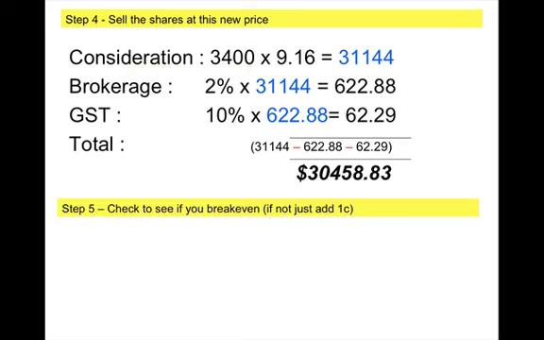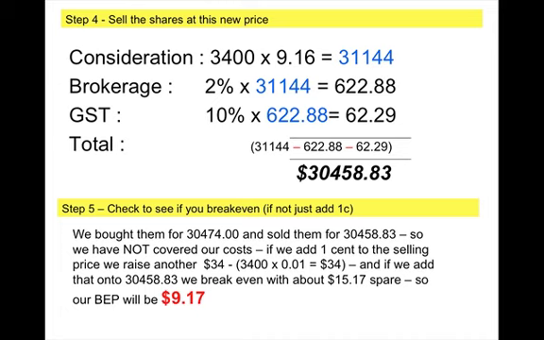Now you need to check to see if you have broken even. Now let's have a look. We bought them for $30,474. We sold them for $30,458. So we have not covered our costs. We're a bit less.